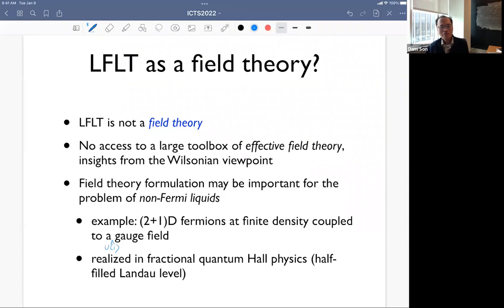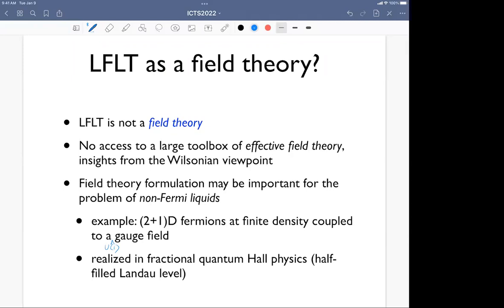This situation is believed to be realized in fractional quantum Hall physics at half filling. I will not have time to describe that to you, but it's believed that it can be realized. And at this moment, we don't know the infrared behavior of fermions at finite density coupled to a U(1) gauge field.